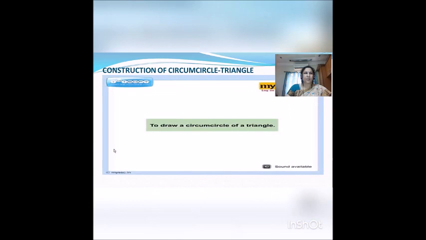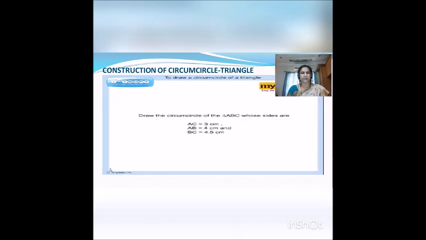Now this is the example where we are going to construct a circumcircle of a triangle. We have to draw the circumcircle of a triangle ABC whose sides are AC equal to 3 centimeters, AB equal to 4 centimeters and BC equal to 4.5 centimeters.